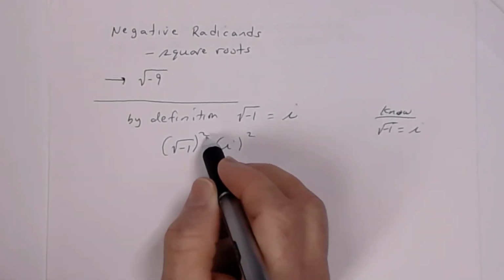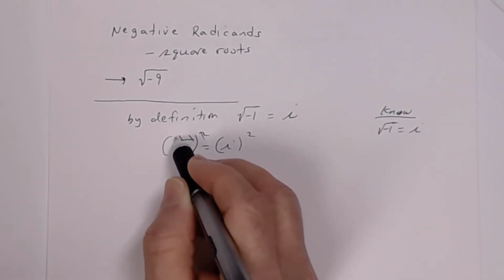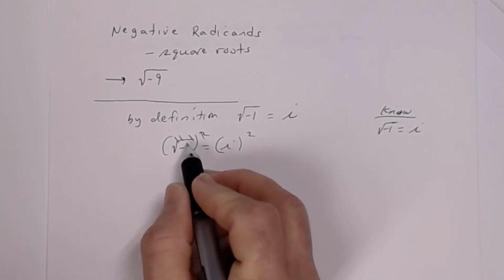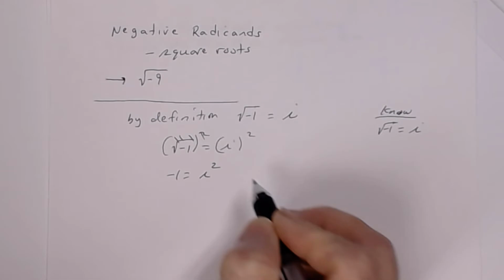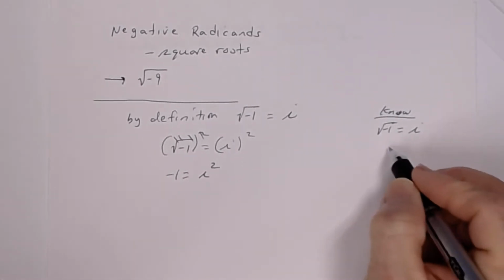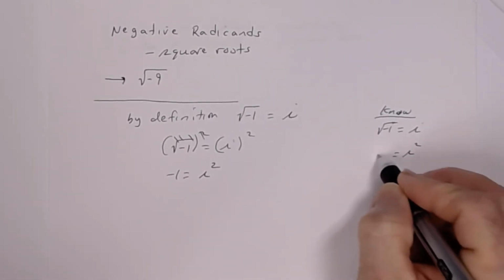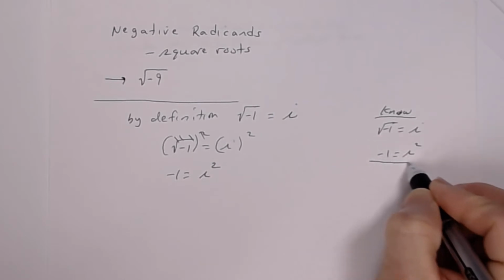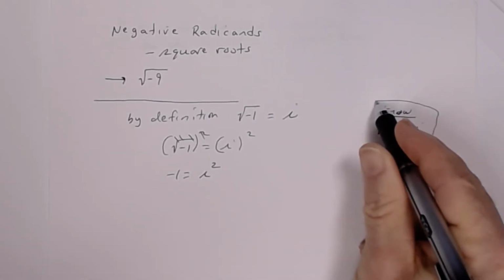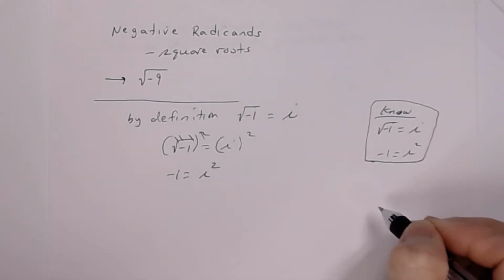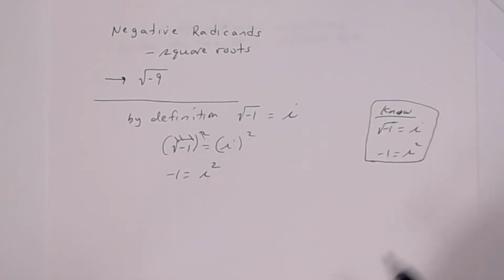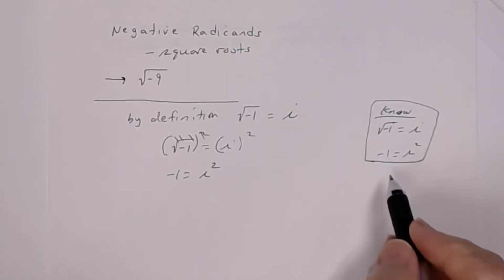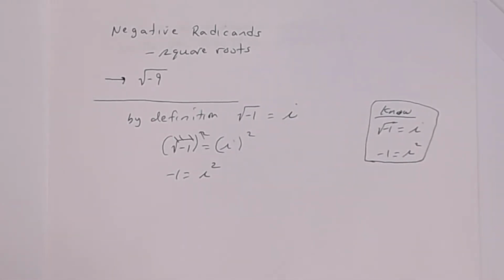Remember, the square and the square root undo each other, so I end up with negative 1 on this side, and on this side, I have i squared. So by definition, i squared is equal to negative 1. These are the two things I need for you to remember for this lesson: i is defined to be the square root of a negative 1, and i squared is equal to negative 1.